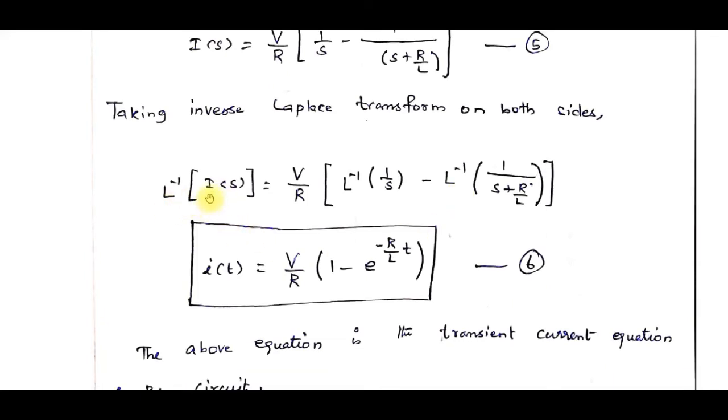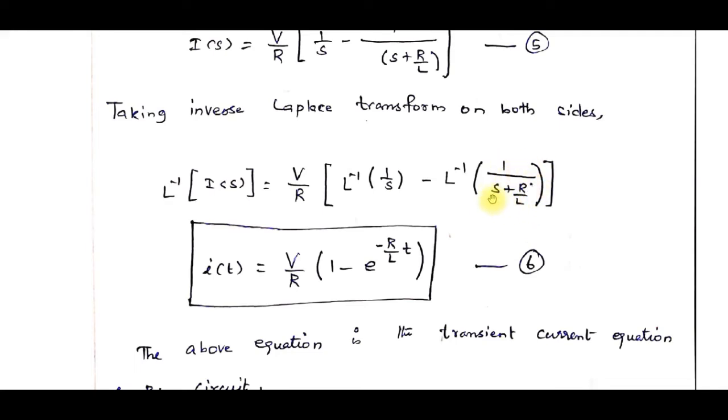Then inverse Laplace for I of s is I of t. Then inverse Laplace for 1 by s is 1. So initially we have seen for constant the Laplace transform will be 1 by s. So for that inverse Laplace will be 1. Then minus L inverse of 1 by s plus R by L. So if we take 1 by s plus a, that will be e power minus a into t.